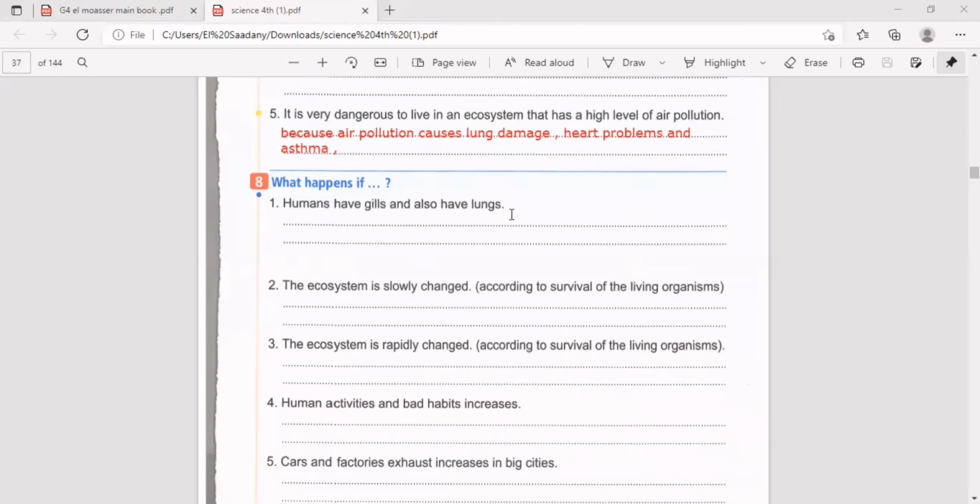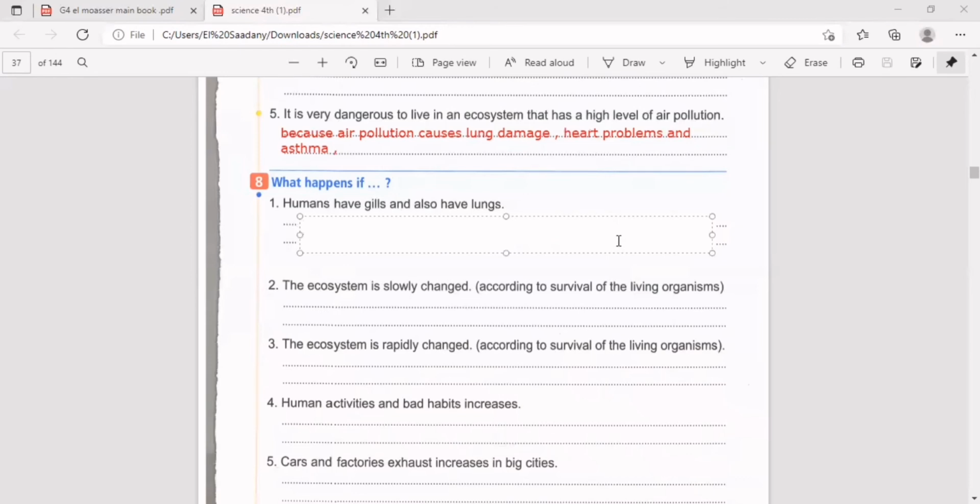If humans have lungs, they can breathe and take oxygen from the air. So what if they have gills? They will have a superpower: they will be able to breathe underwater, correct? If they have gills, they will be able to breathe underwater, and on land because they have lungs.